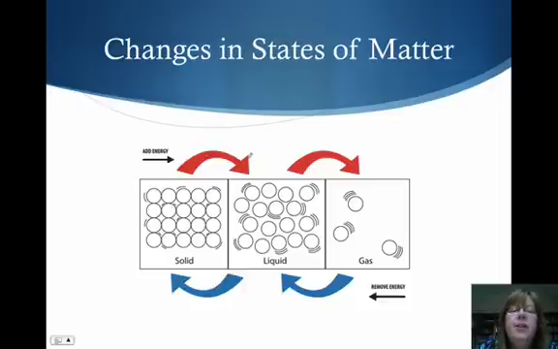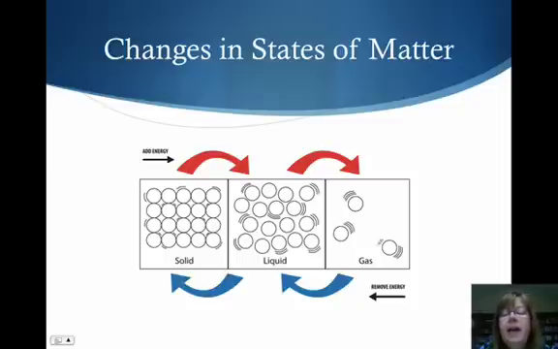We add some energy. Our molecules get a little farther apart. They start rotating a little. And we are in our liquid state. We add even more energy, again usually in the form of heat, and we break those intermolecular forces. The molecules essentially just take off into the gas state.